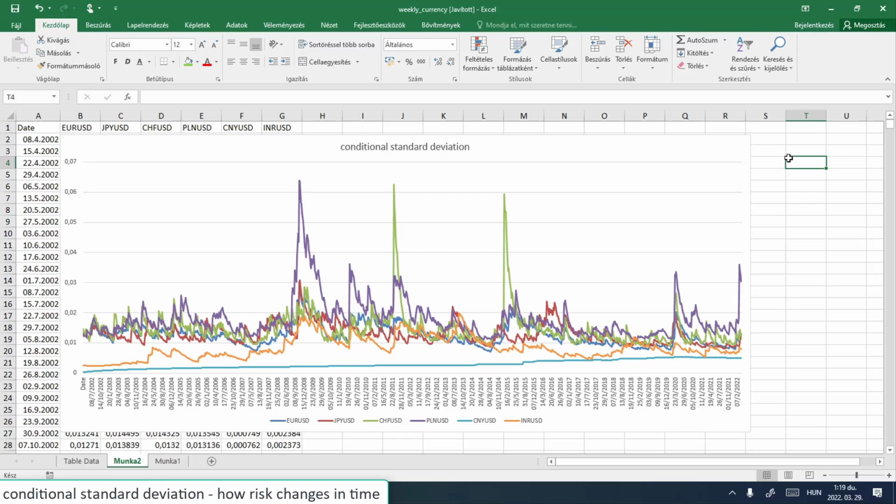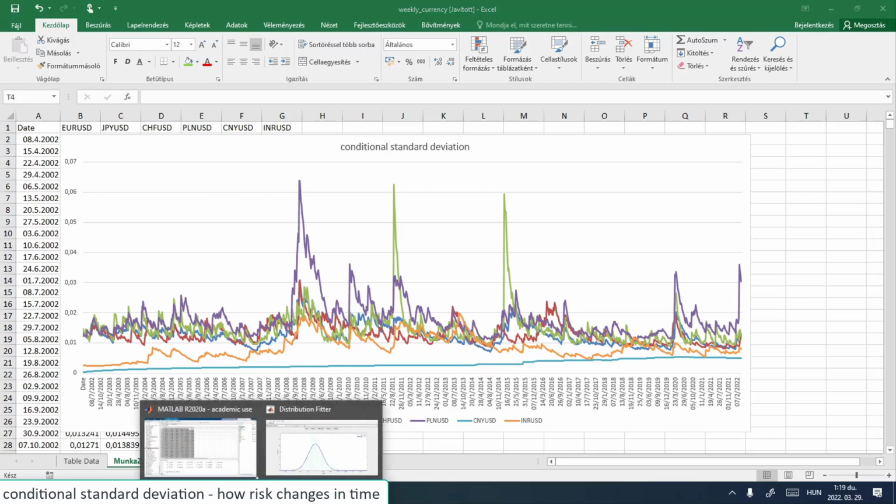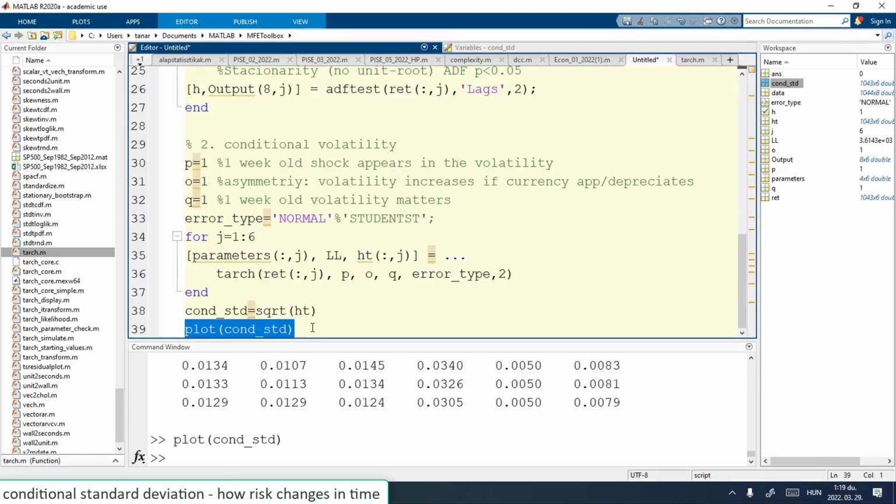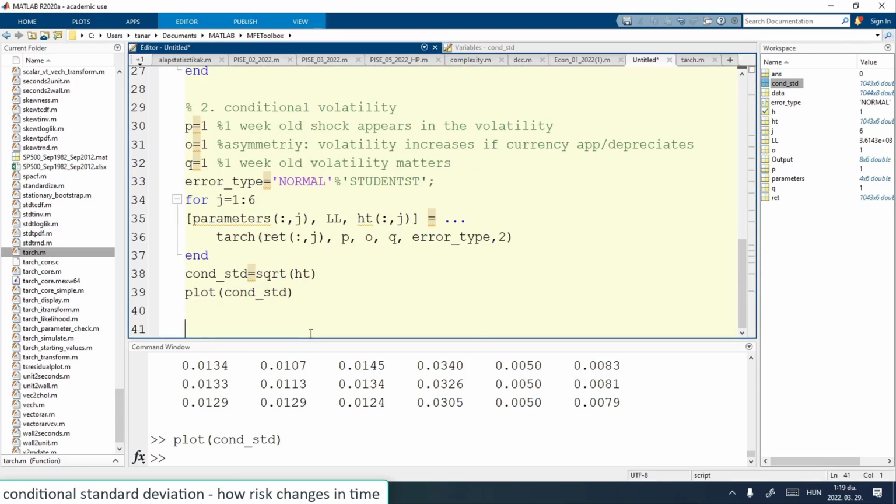Okay, and I still have 11 minutes, and the last thing is to talk about correlation, because since volatility is time variant, correlation also changes in time.